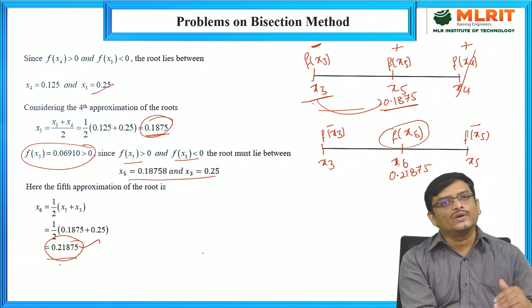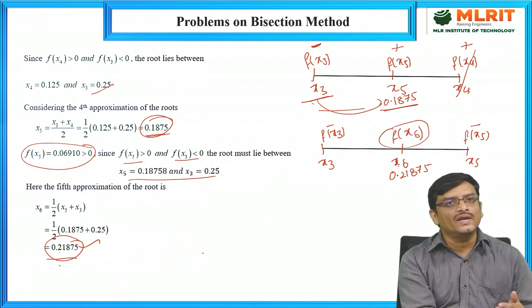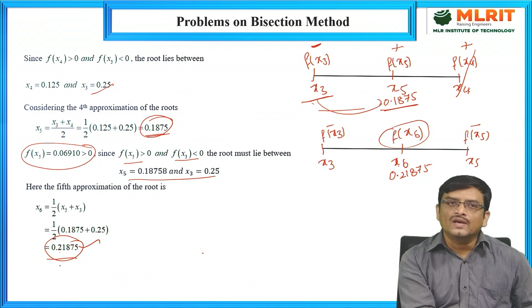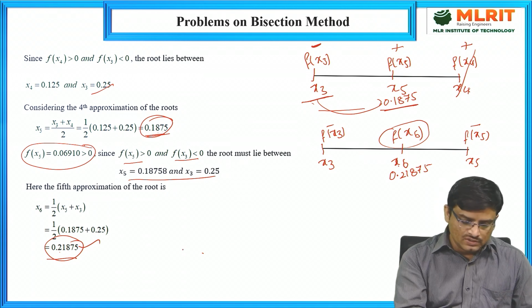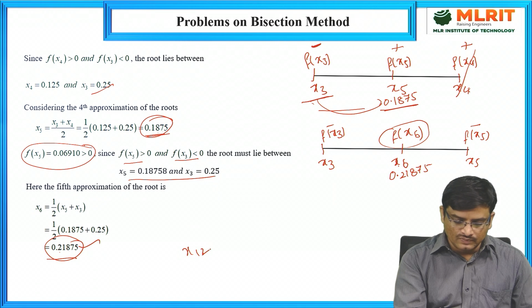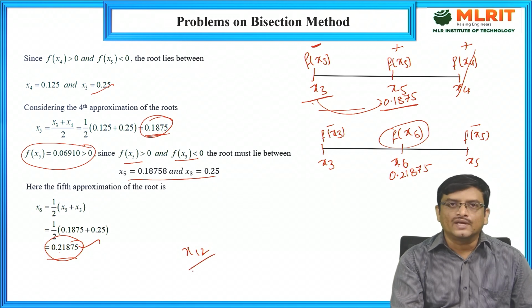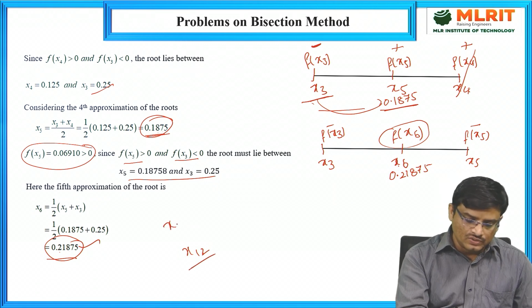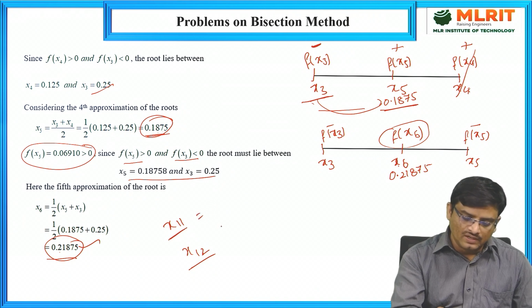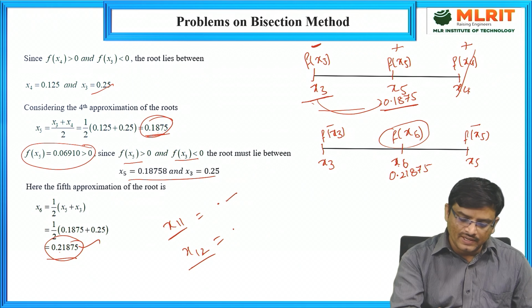So we have to repeat this process until the present approximation coincides with the previous approximation. Suppose you got x12 and want to stop at x12, then we have to compare that x12 value with the x11 value. After the decimal point, a minimum of 3 digits must coincide.